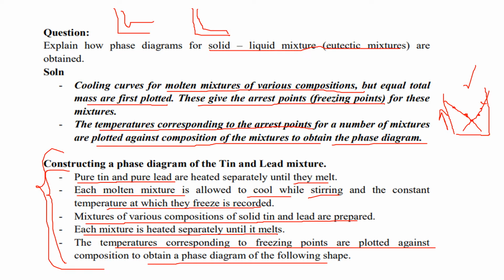You start cooling them while stirring them, and you get the arrest points, or the temperatures corresponding to their freezing points. After getting those temperatures, now you plot them on a phase diagram. And the phase diagram, I've said, is going to be temperature against composition. So pay attention to that. Let's look at that in the next slide.